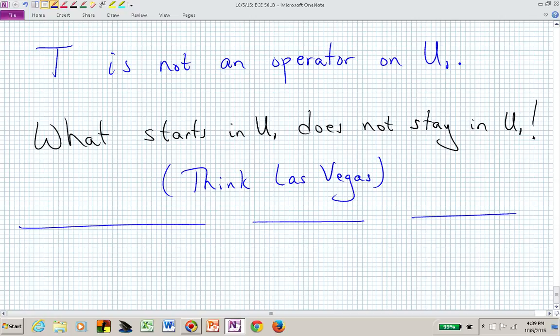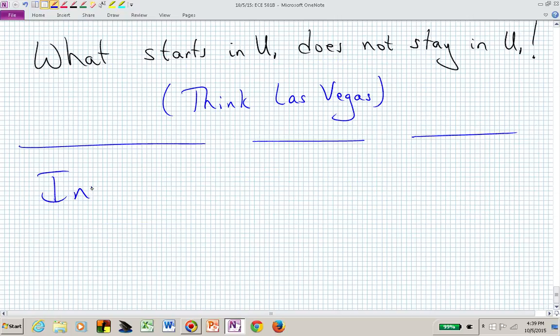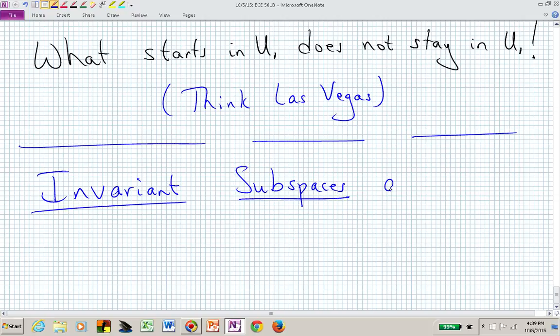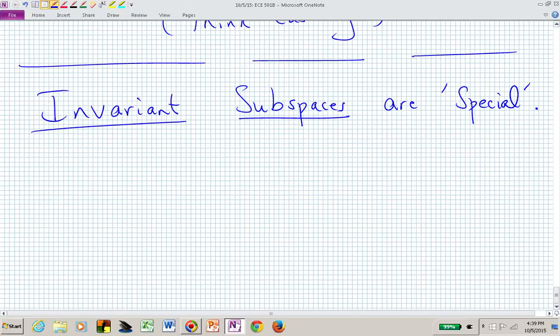Okay, so now what we wanted to do is to have an invariant subspace on these subspaces within the vector space V. And I hope that you now see that these invariant subspaces are special objects. We can't just arbitrarily do a direct sum decomposition and say, oh, that's going to work.